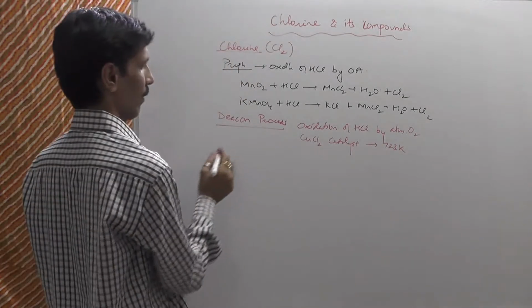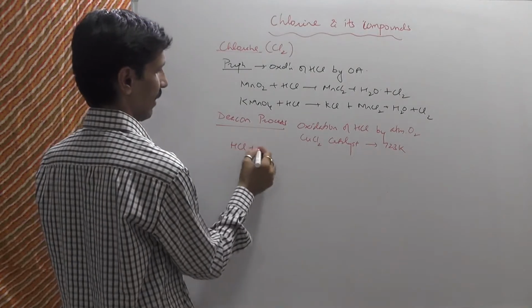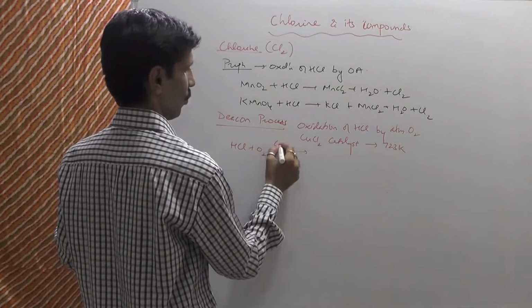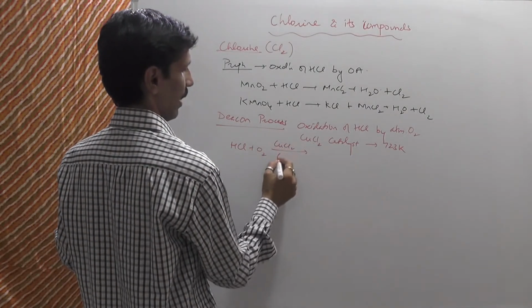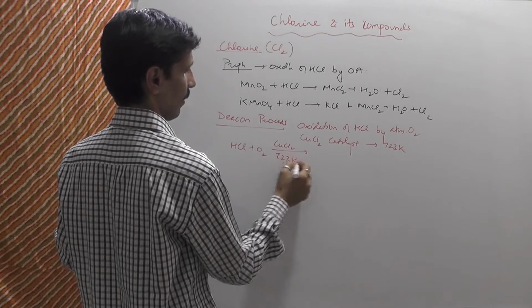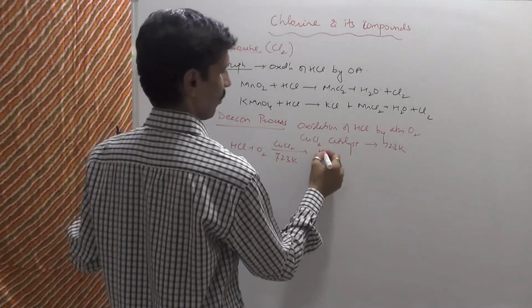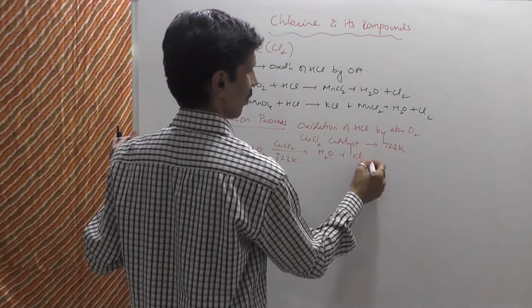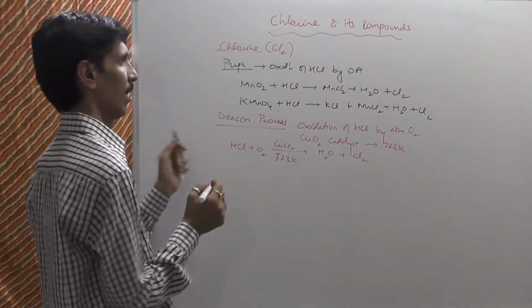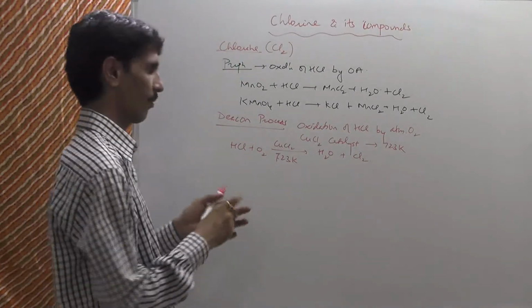So the reaction will be like HCl plus O2, CuCl2 and 723 Kelvin, and it is going to give you H2O plus Cl2. Okay, ये दूसरा process है of preparation of chlorine.